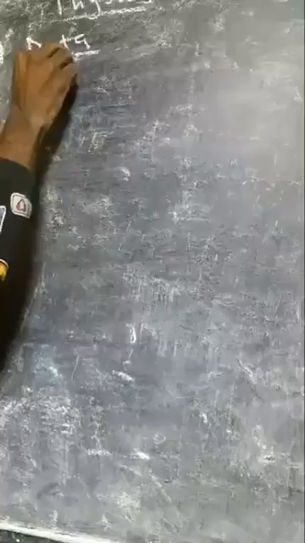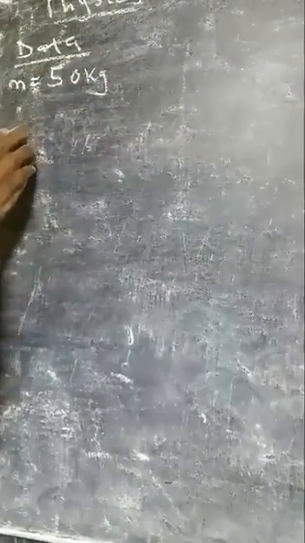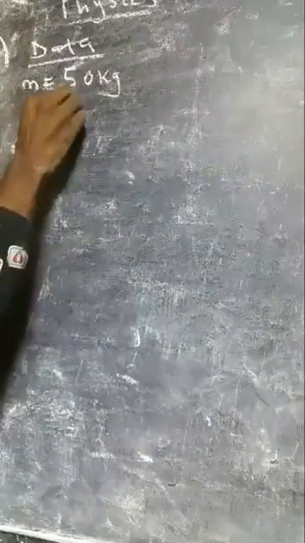What's the mass of the girl? The mass of the girl is 50 kg. Then she runs up in 7 seconds, so time, of course, is 7 seconds.